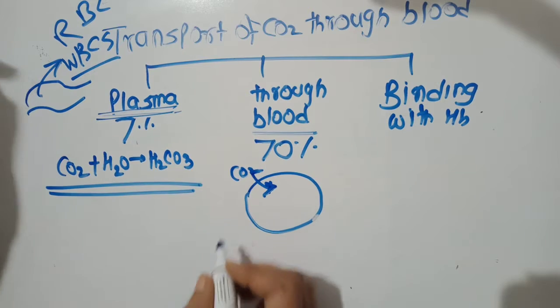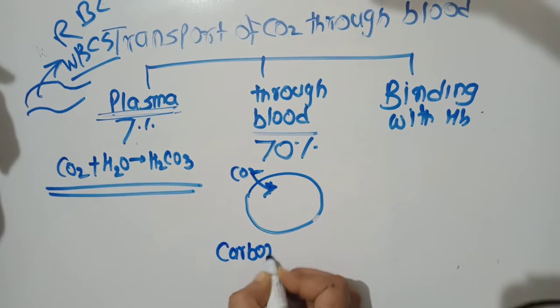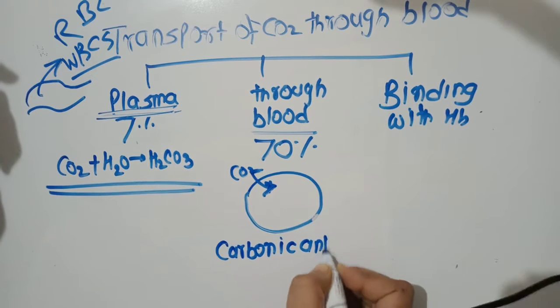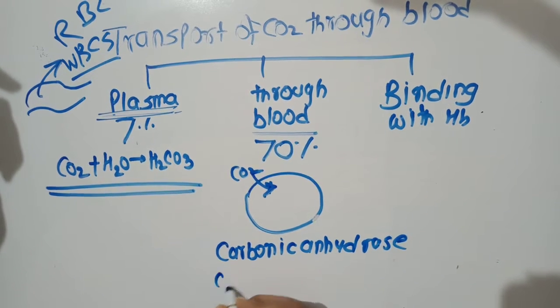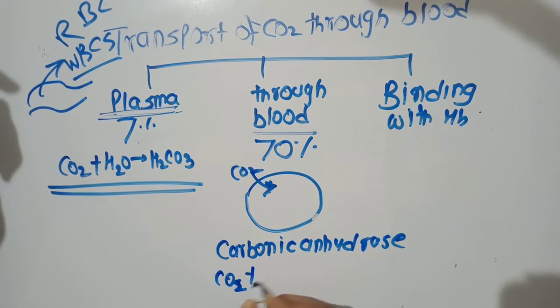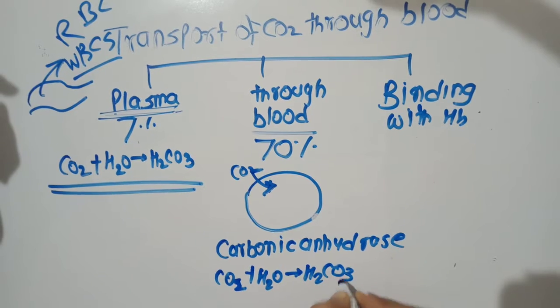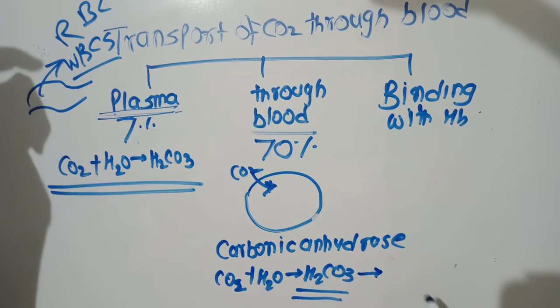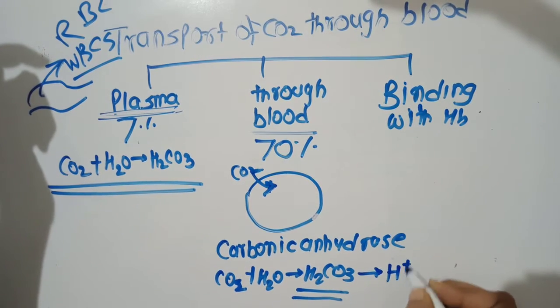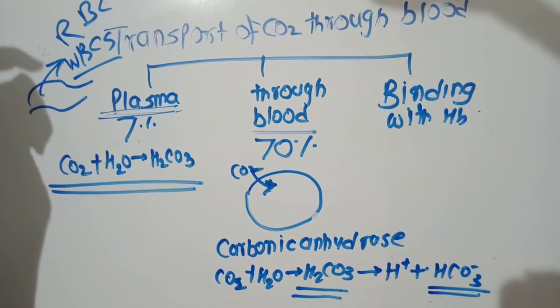The RBCs have a special enzyme called carbonic anhydrase. With the help of this enzyme, carbon dioxide gets converted into carbonic acid, H2CO3. But as you know, carbonic acid is a very unstable product, so it gets converted into H plus and HCO3 minus, the bicarbonate ion.